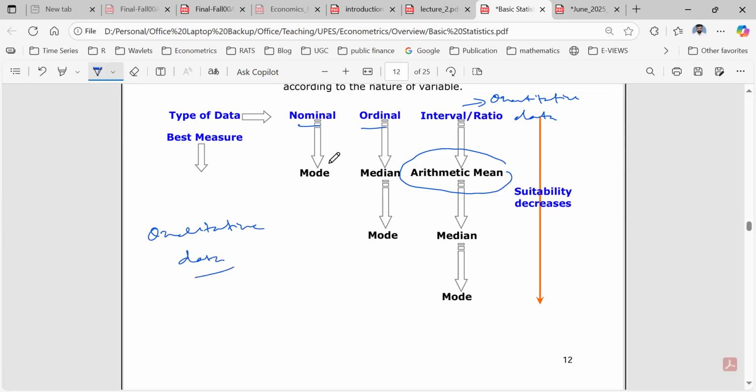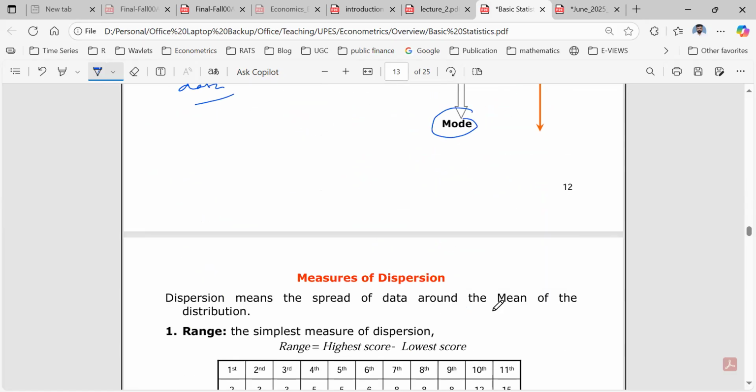So obviously in case of nominal, your first preference should be mode. In case of ordinal, it should be median and then mode. In case of interval and ratio, if your data is quantitative, then first preference will be mean, then median, then mode. I hope this is clear.